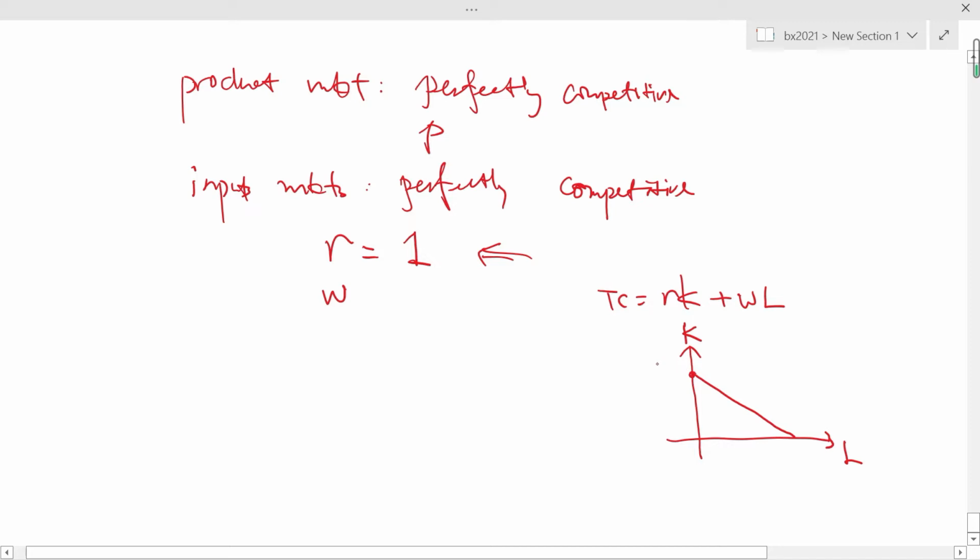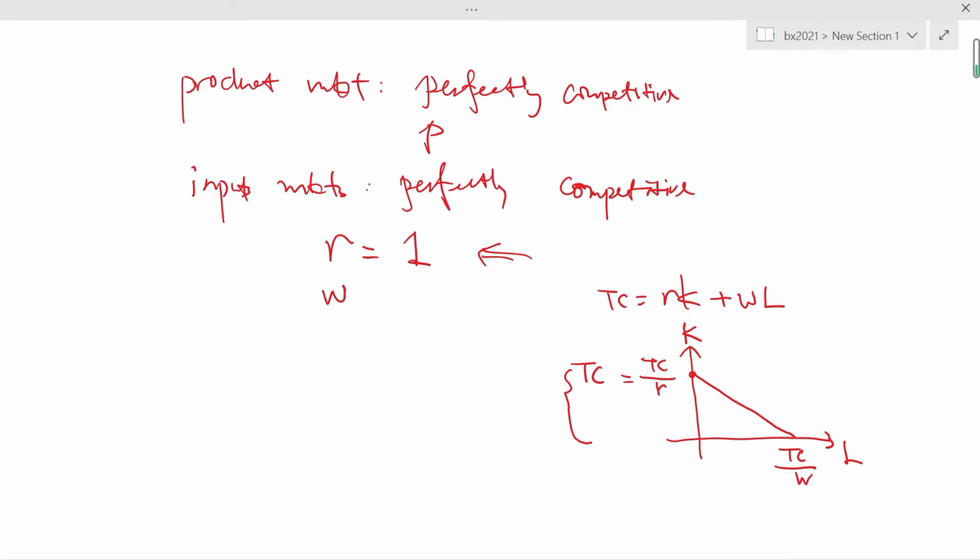So the vertical intercept is TC, total cost, divided by R. The horizontal intercept is total cost divided by W. Since I'm normalizing R to be 1, the vertical intercept is equal to total cost. So the total cost of producing a certain output can be read directly from the vertical intercept of the isocost. That's why I'm normalizing the rental rate to be 1.